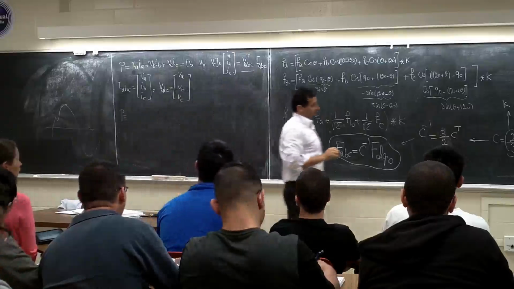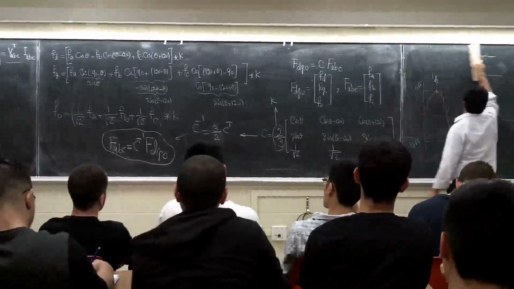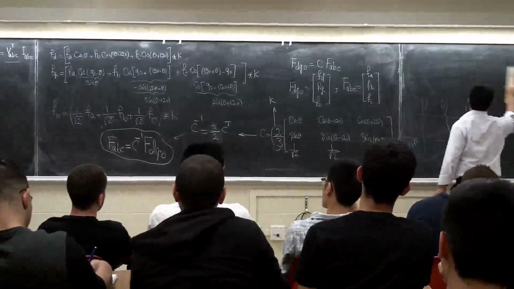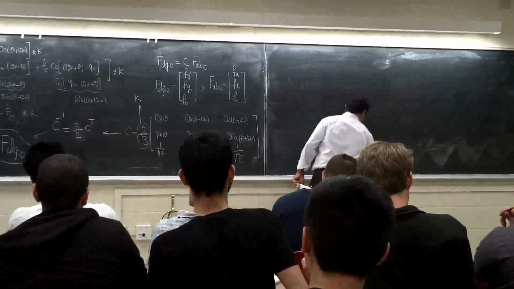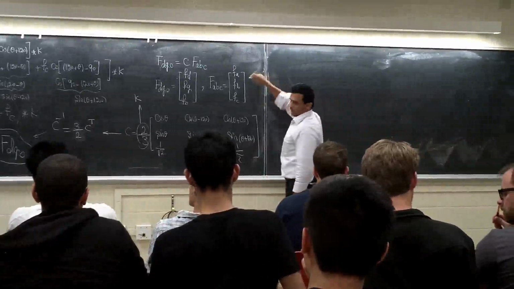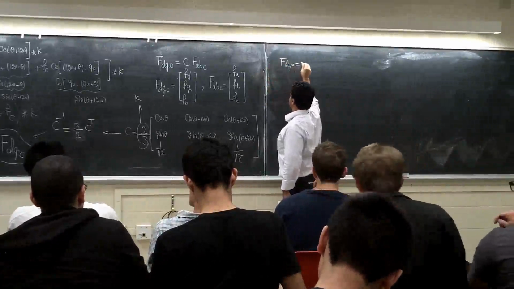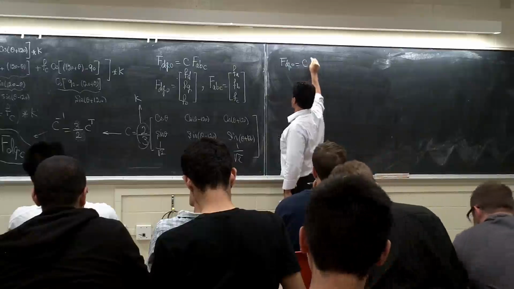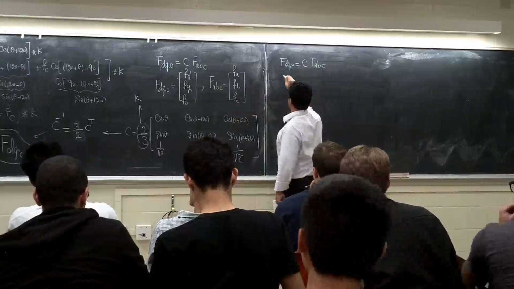I have a VABC. Let me summarize what I said here. What we got here: FDQO is C times FABC, right? That's what we have.